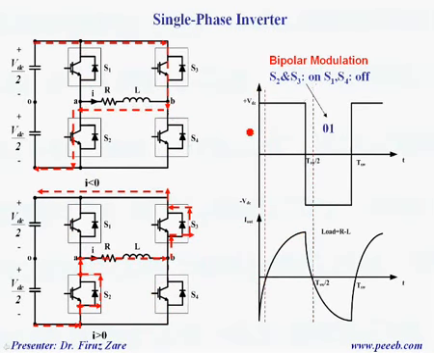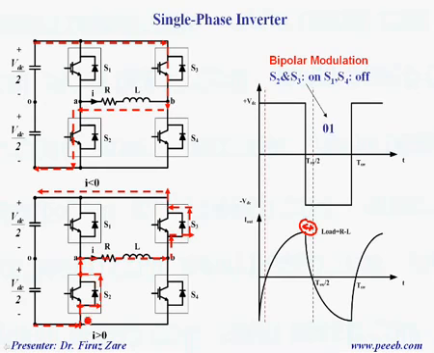So when the output voltage is getting negative for this period, we have two sub periods. For example, this short period when the current is positive while the output voltage is negative. Because the output voltage is negative and current is positive, this is the circuit diagram and this is the current loop.